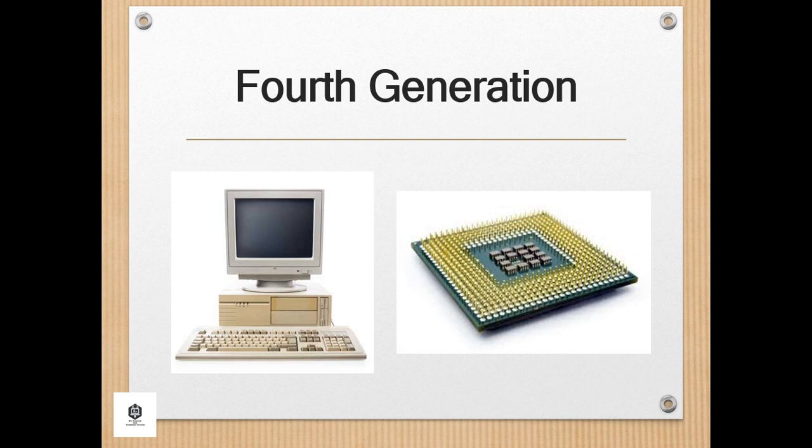The main features of fourth generation are VLSI technology used, very cheap, portable and reliable, use of PC, very small size, pipeline processing, no AC required, concept of internet was introduced, great developments in the fields of networks, and computers became easily available.